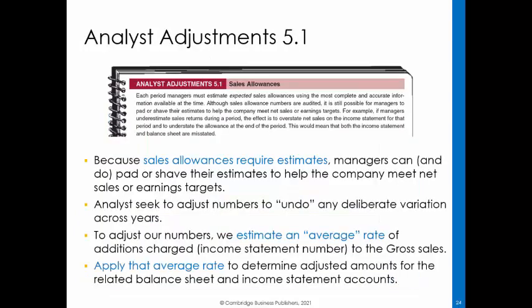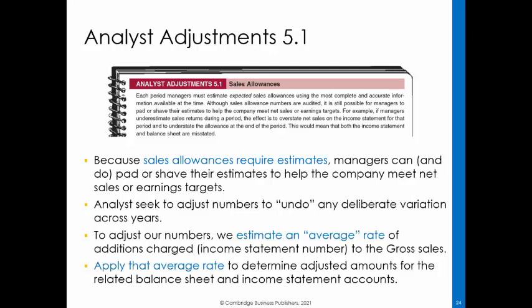Each period, managers must estimate expected sales allowances using the most complete and accurate information available at the time. Although sales allowance numbers are audited, it is still possible for the managers to pad or shave their estimates to help the company meet net sales or earnings targets.